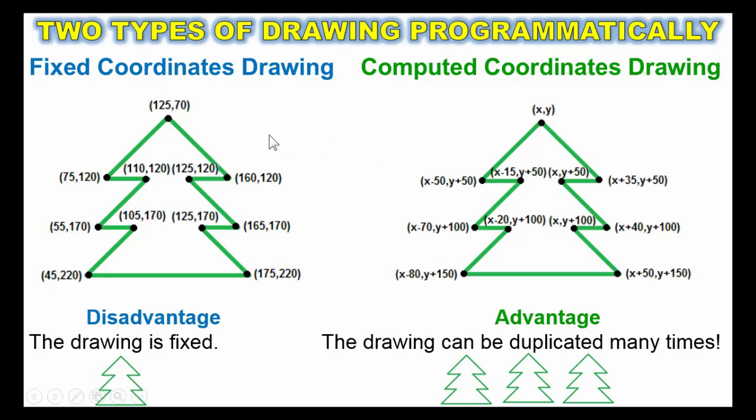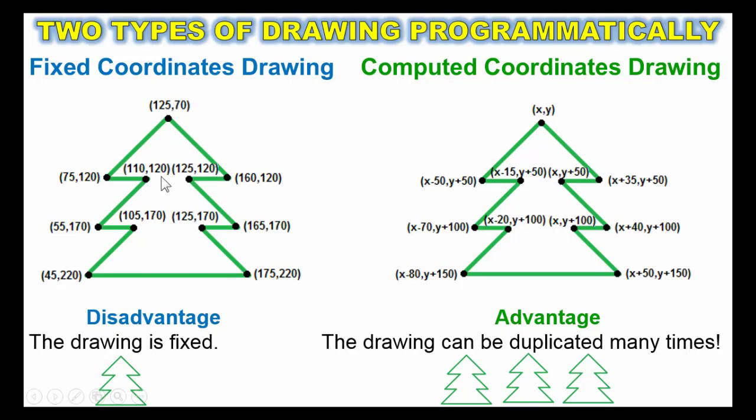The fixed coordinates drawing, for example, the MOVETO command at coordinate 125, 70 will position the imaginary pen. Then the next command, LINETO at coordinate 75, 120, will draw a line. And then the next LINETO at coordinate 110, 120 will draw a line.